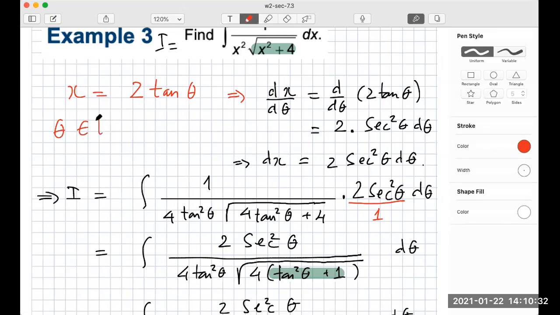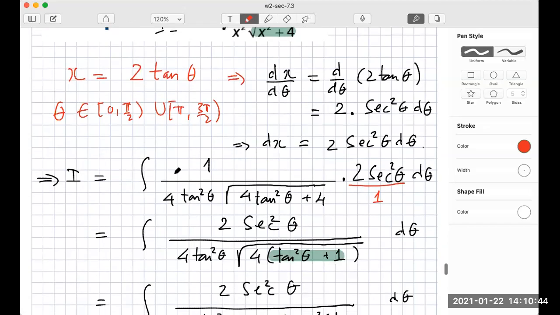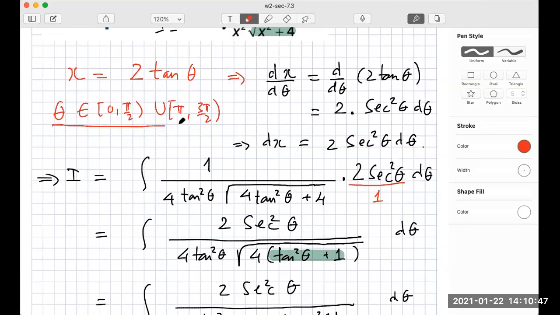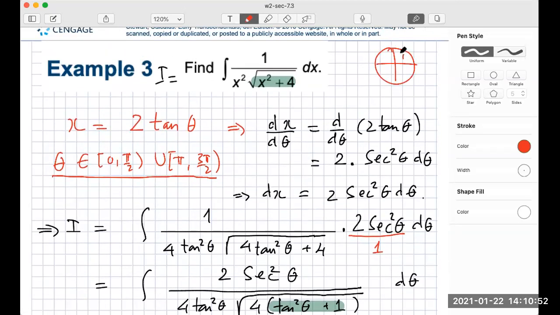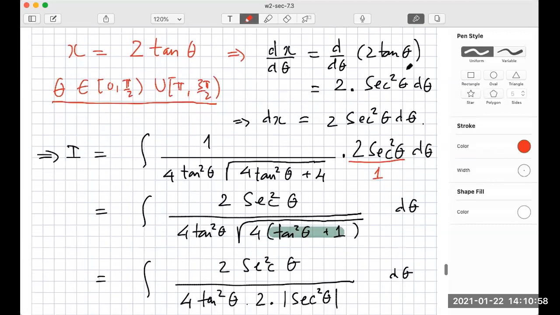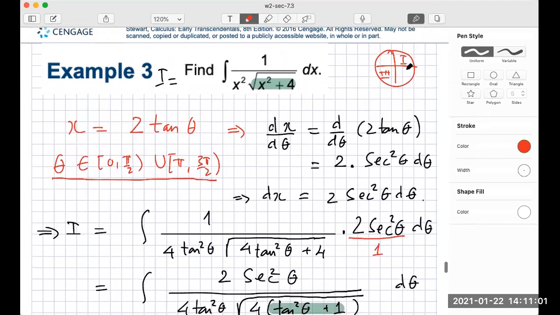Therefore, it would be from 0 to pi over 2 and from pi to 3 pi over 2. Remember it? Okay, this is very important. In these two, it is in the first and the third quadrant. Okay? What should we do? It's in the first quadrant.